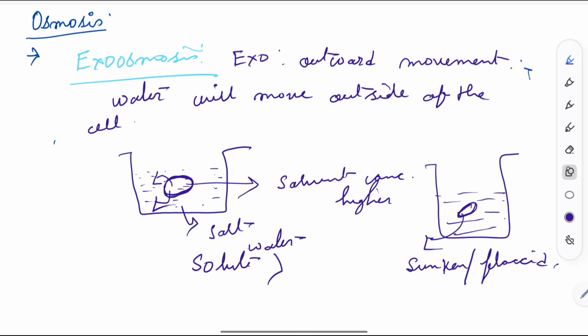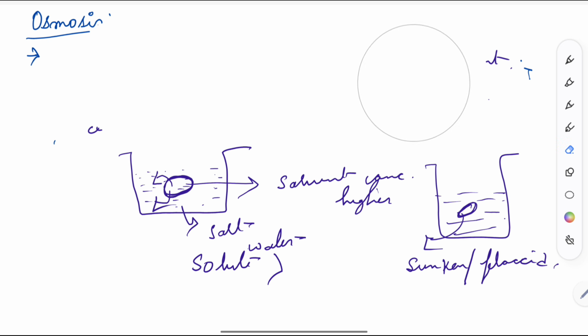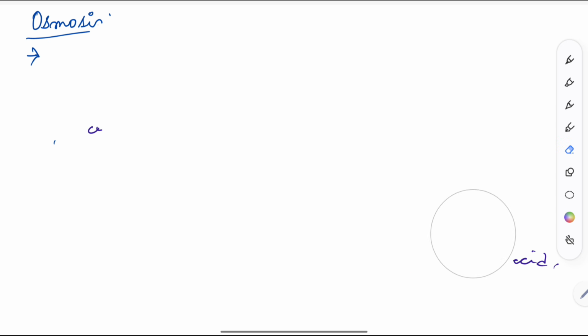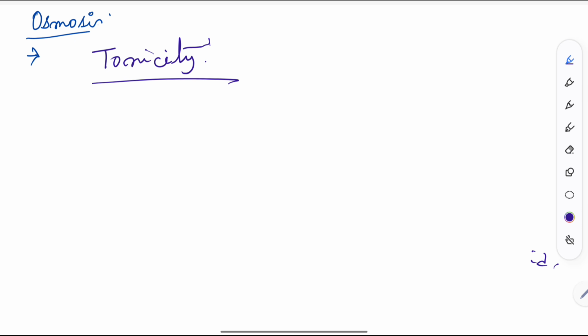Now when we study osmosis, we need to learn another thing, that is tonicity. What? Tonicity. Now tonicity is what?